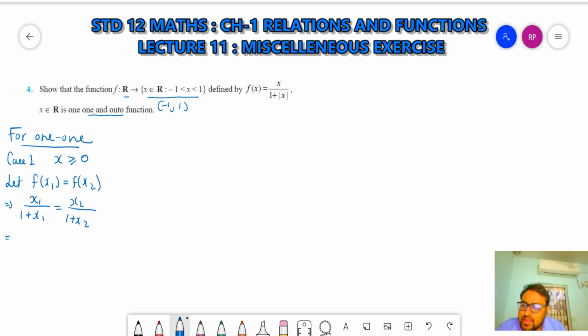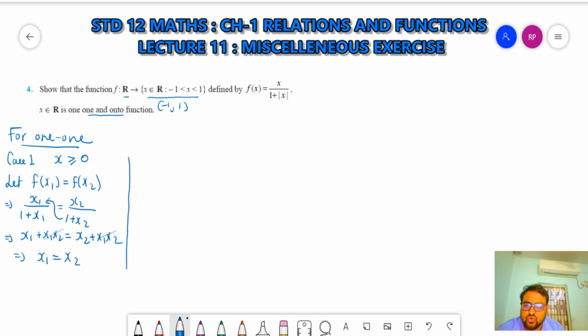So I'll cross multiply. x1 into 1, x1 plus x1 x2. Similarly here, x2 into 1, x2 plus x1 x2. x1 x2 gets cancelled. That implies x1 equal to x2. Okay, so it's one-one for this case 1.